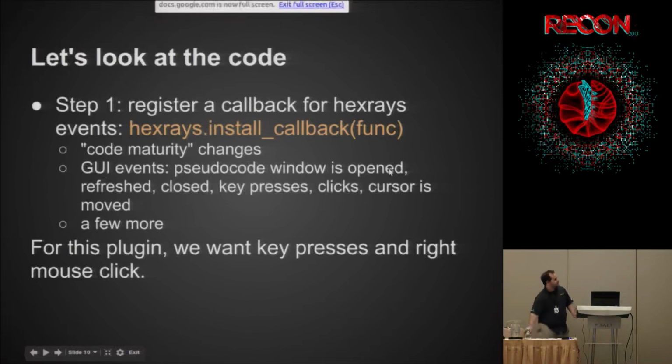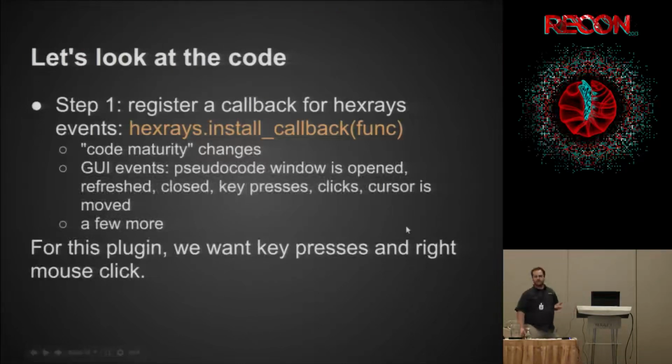So let's look a bit at the code. It's very simple, as I said. There's 200 lines, but there's very little actual use of the API. So I'm going to present the big lines of this. You install a callback, and every time something happens in the decompiler, you get a function executed, and you can see what's happening.